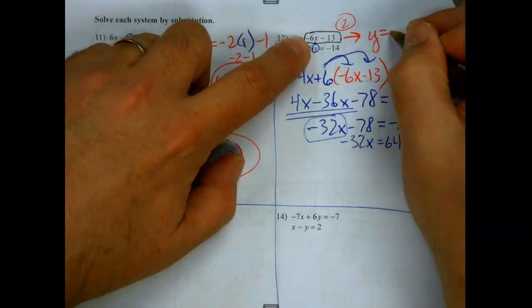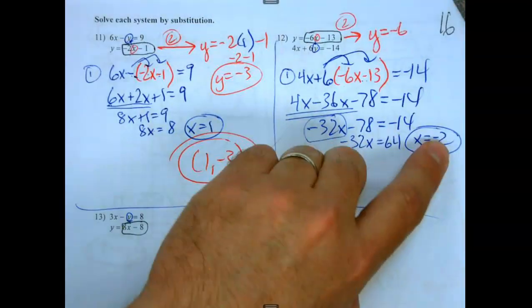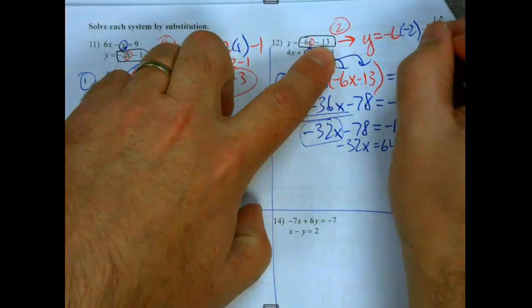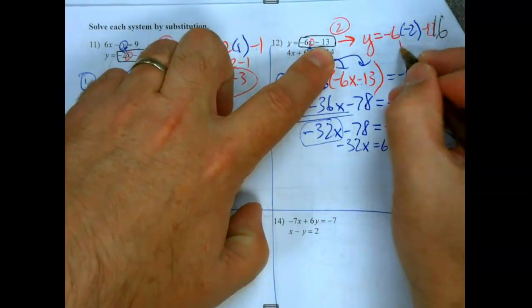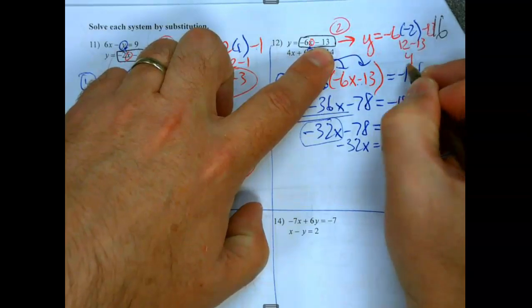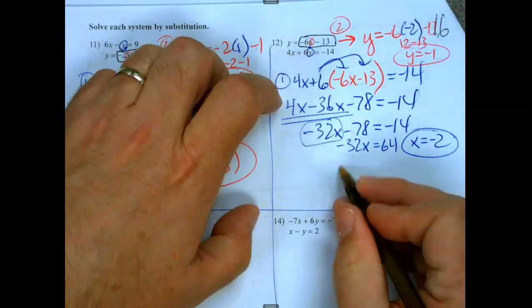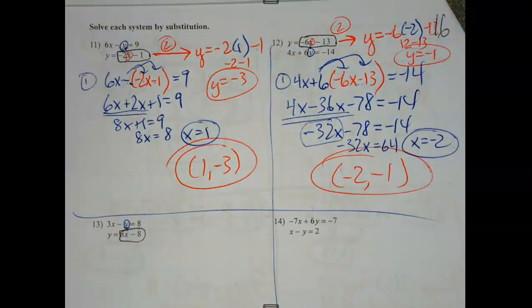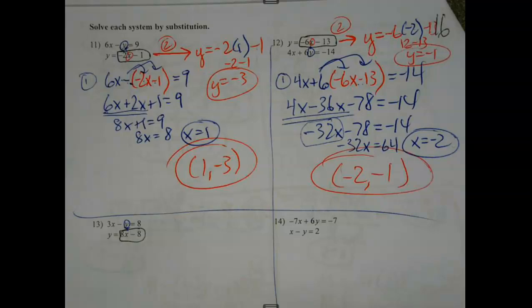Y equals -6x minus 13. 12 minus 13 is -1. It looks like a lot when you're looking here, but really, it's one substitution in Algebra 1 and one substitution in Algebra 1. That's all we're doing.